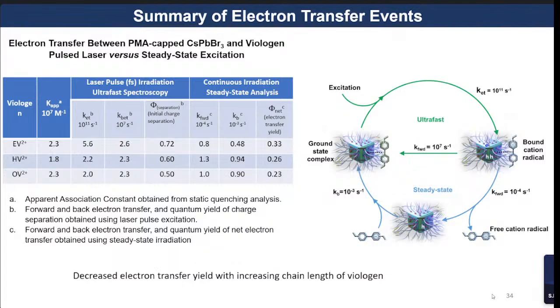If it stays there, it recombines back with a rate constant of 10 to the 4 s minus 1. When some of them escape and accumulate, this one also can go back, now at 10 to the minus 3 s minus 1. That tells you it is a very complex cycle. Here is another back electron transfer with 10 to the 7 s minus 1.